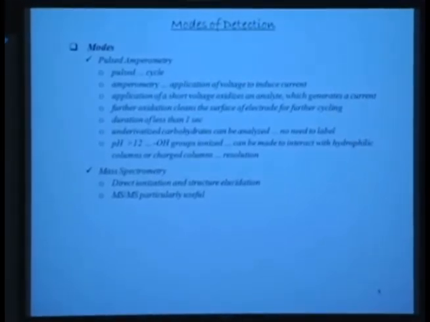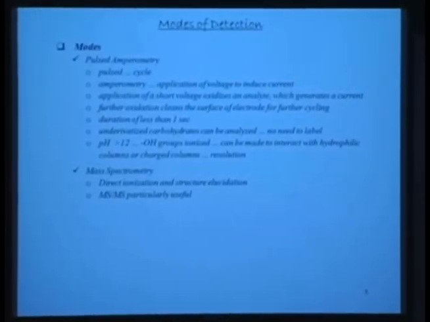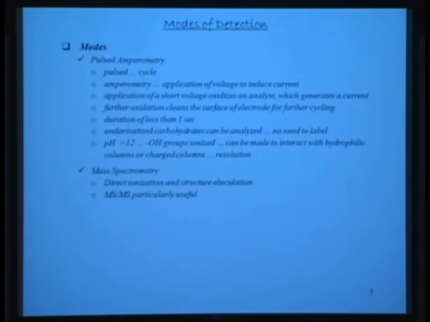All right, so another way that people have used, in the 1980s and 90s, is pulsed amperometry, which was developed especially for neutral glycans. It still continues to be used today, but the usage has declined. Here we obviously have a pulse.